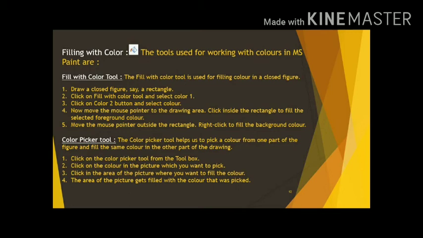Second, click on the color in the picture which you want to pick. Third, click in the area of the picture where you want to fill the color. Fourth, the area of the picture gets filled with the color that was picked.